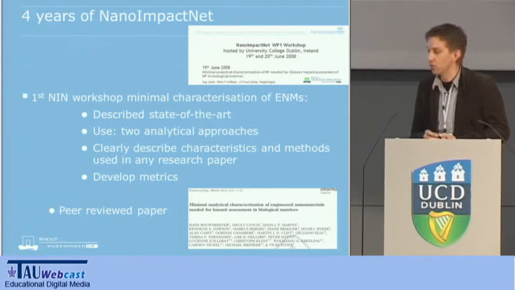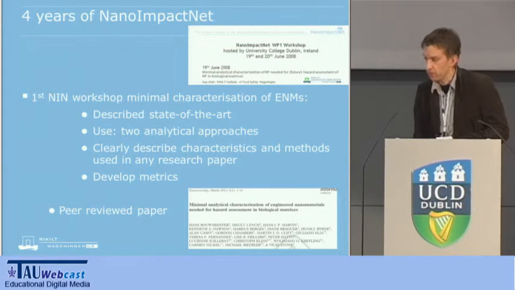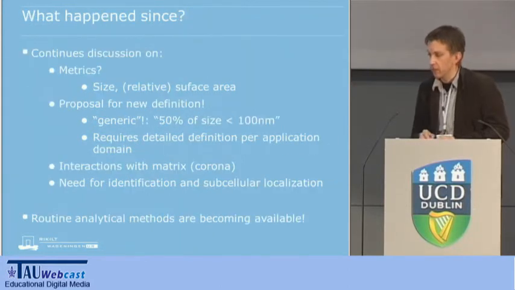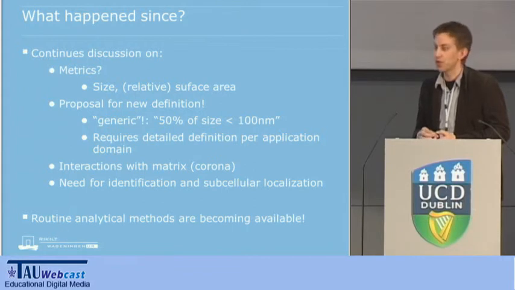The results of this workshop were, after quite some time, laid down in a peer-reviewed paper, showing the results and the impact of such a workshop, I think. But of course, time has not stopped. Discussions went on, for example, on metrics, the size, and how can we relate effects to the characteristics, surface area.